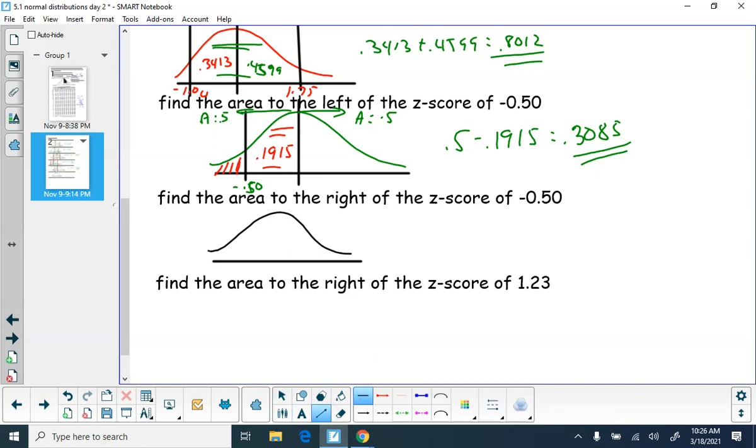Once again, hopefully you can see where these pictures help you out. We already calculated this area to be 0.1915 from the table. Now I want to go to the right. So I want all this area right here.